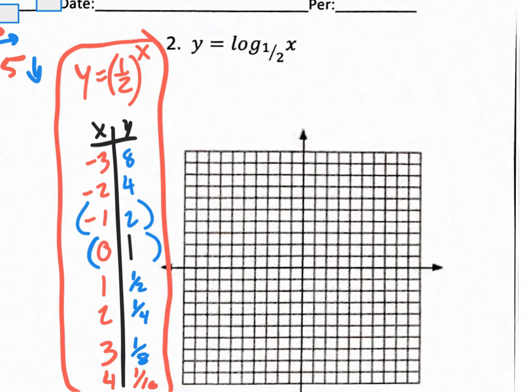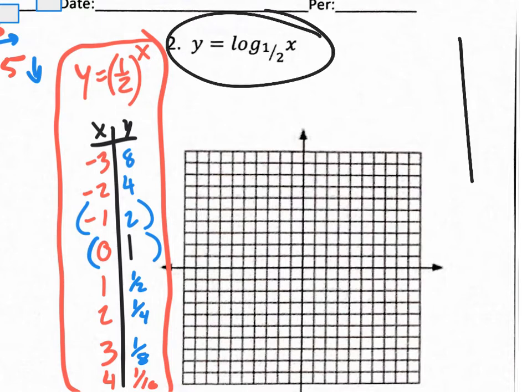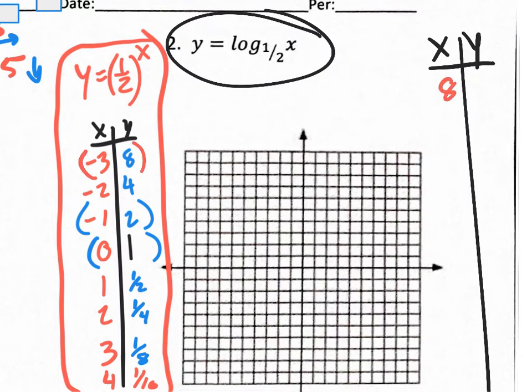So the key there, to find the inverse, you switch x and y. If you know that these are the coordinates of the inverse of this guy, then you technically do have your coordinates. All you have to do is switch x and y. So if I want my coordinates to the actual logarithmic function, let's make an xy table over here. All I need to do is switch -3, 8, and make it 8, -3.